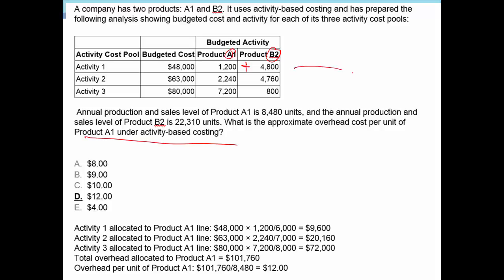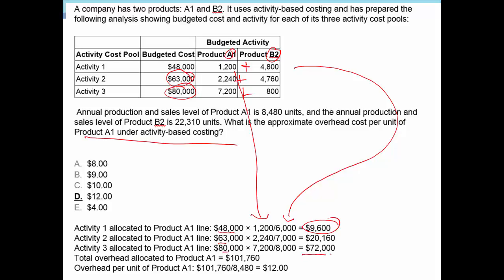That's the total, the 6,000. These guys use 1,200 of that. We multiply that by the 48,000. There's the amount that's supposed to go to activity 1. Do the same thing for activity 2. Do the same thing for activity 3. Pick up the cost associated with each one of those.